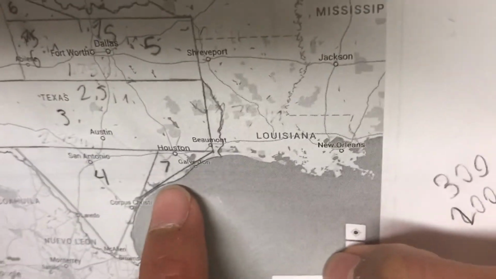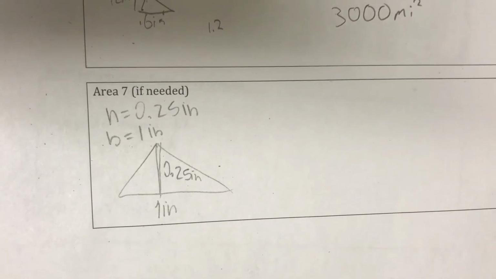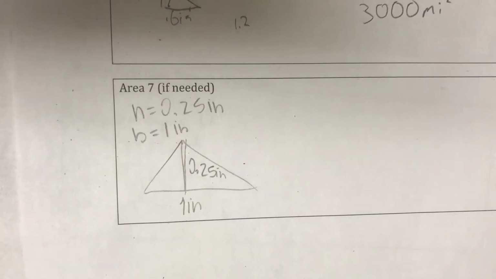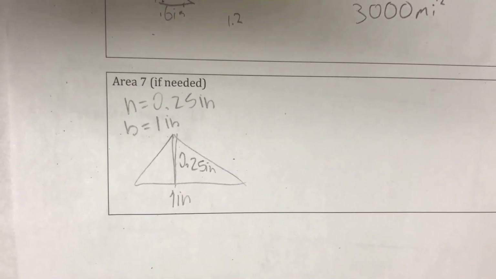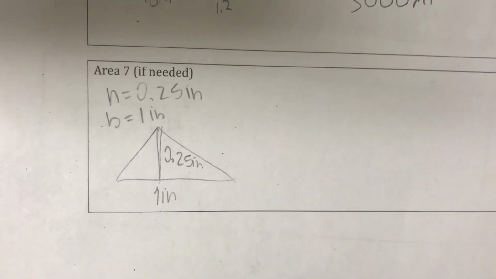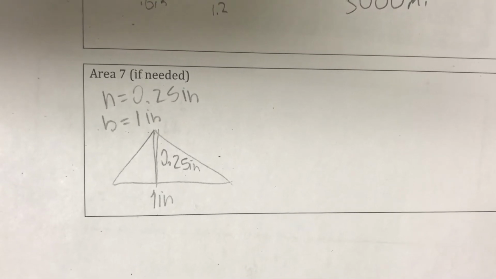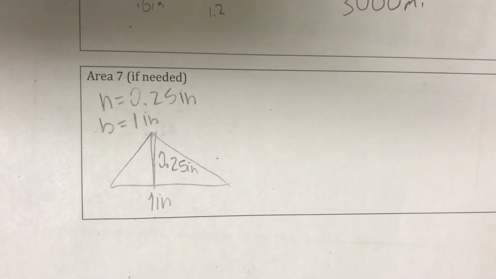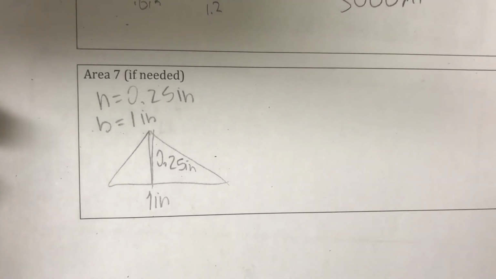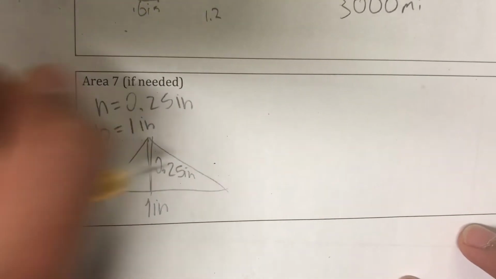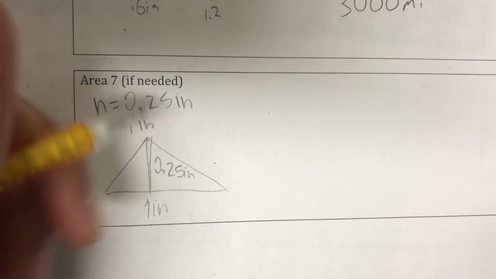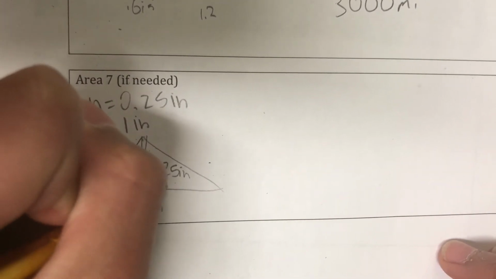Okay, so our final triangle is the seventh right here, the tiny one. Since it's a triangle, we're going to have to use the equation base times height times 1/2. But first we have to convert, so it's 0.25, my bad, divided by 0.5, which equals 0.5. Then we times it by 100, so that equals 50 miles.